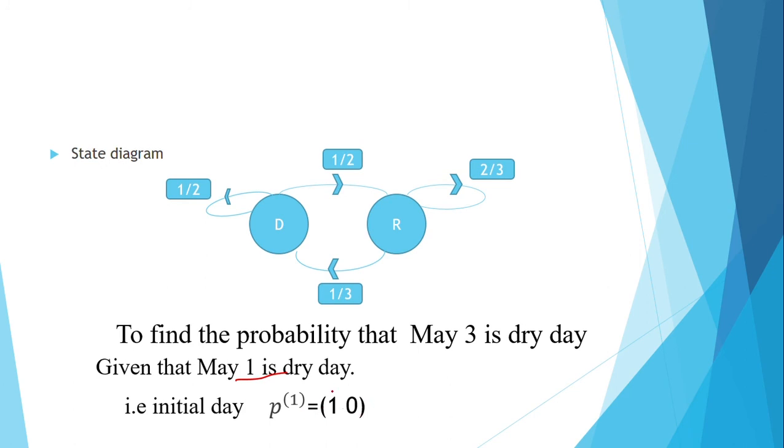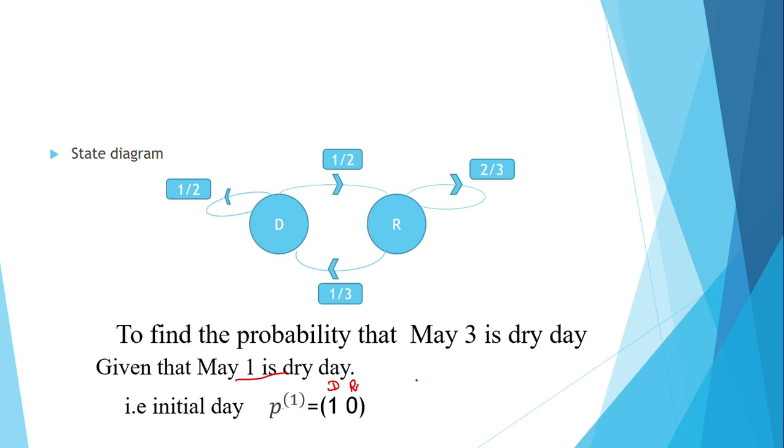Here the first entry, 1, represents the probability of the dry state on the first day, May 1, and the second entry, 0, represents the probability of the rainy state on the first day. Since it is given that May 1 is a dry day, it takes the total probability, and the rainy day probability is 0. So this is the initial probability distribution of the process.